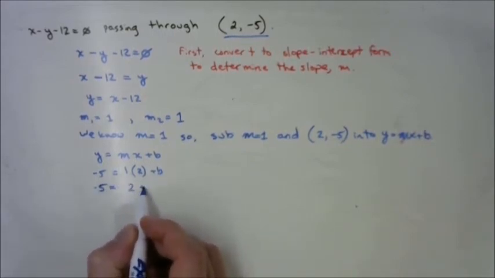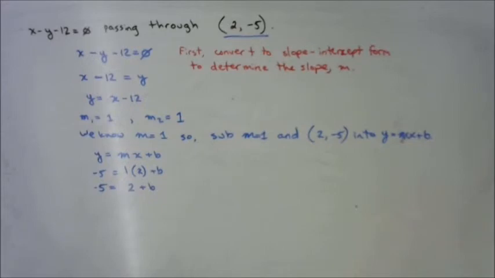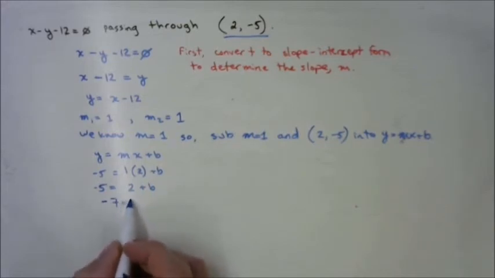Negative 5 equals 2 plus b. Subtract 2 from both sides. I end up with negative 7 equals b.